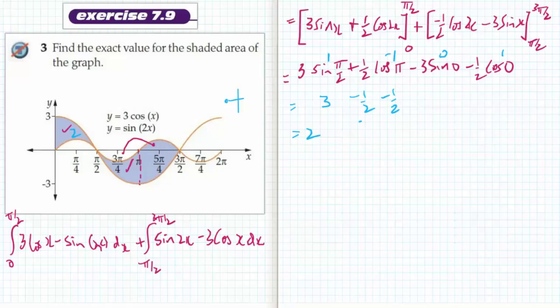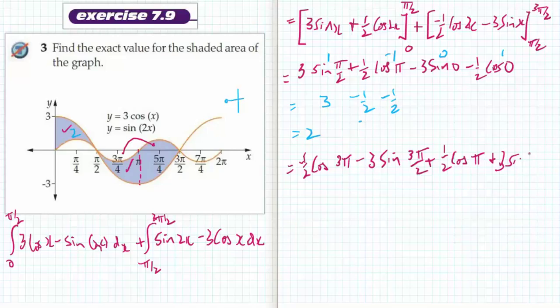Looking at this bit here, the second component is going to equal negative a half cos of 2 times 3 pi on 2, which is 3 pi, minus 3 sine of 3 pi on 2, then minusing, so plus a half cos of 2 times pi on 2, which is pi, plus 3 sine of pi on 2.